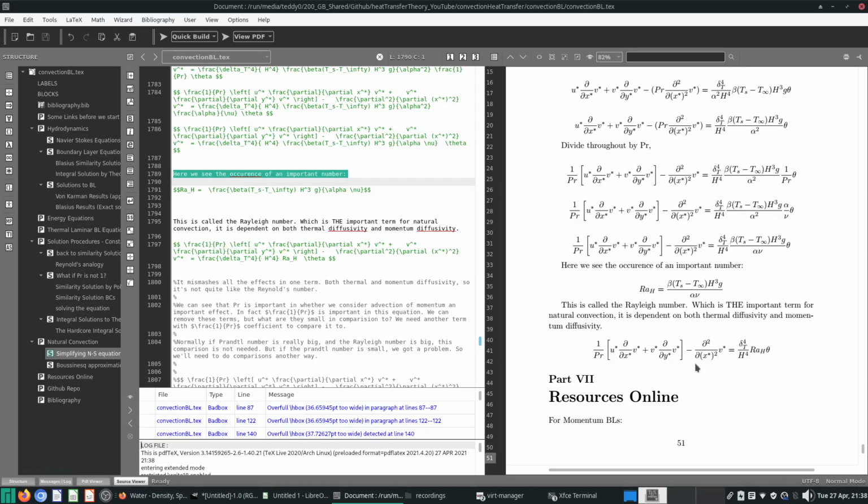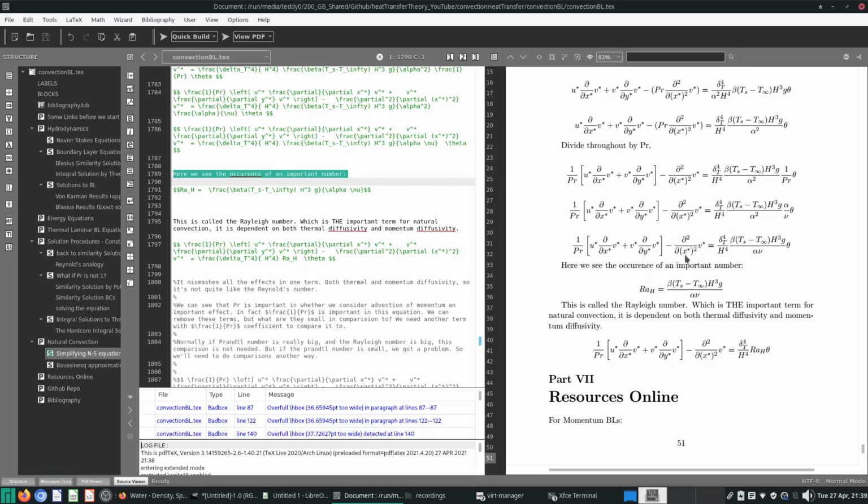They describe very different things, but we know that the Rayleigh number is the important term for natural convection. In fact, this is actually the number that determines whether we have laminar flow or turbulent flow. So this is the differentiating factor.